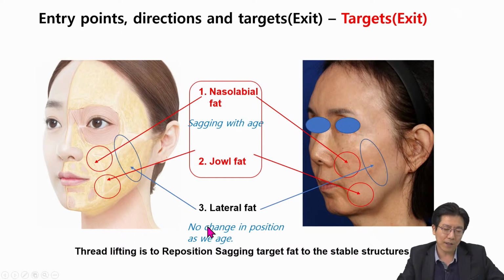Our target fat compartment and fat group is only the mobile fat compartment and mobile fat group. So the nasolabial fat compartment and jowl fat group are my major targets. So the end of your cannula should be located in the center of the inferior half of this fat to make the best result.